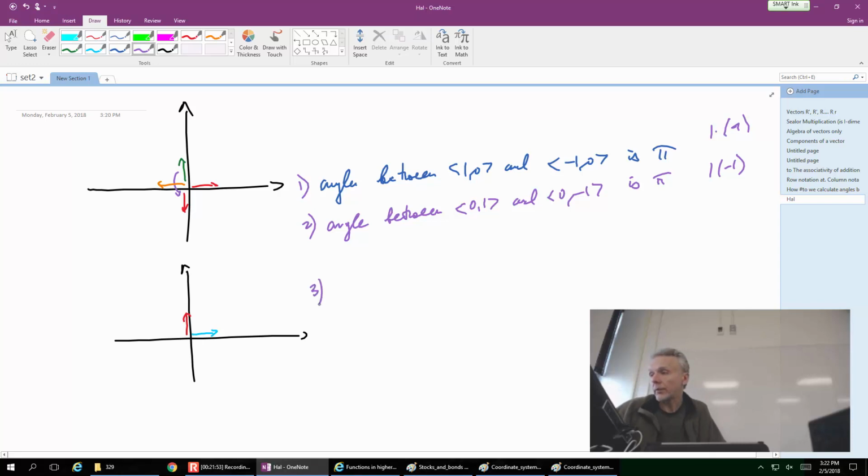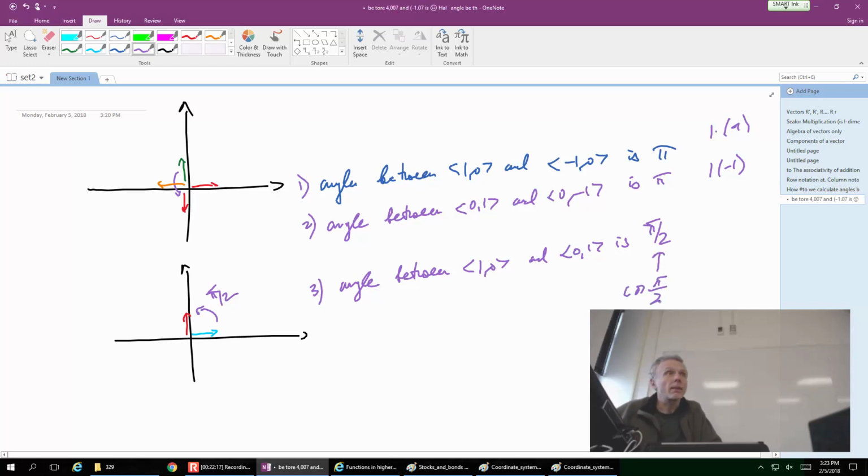Number 3: the angle between 1, 0 and 0, 1 is pi over 2. Okay, since we know this is about cosine, what's cosine of pi over 2? Zero.